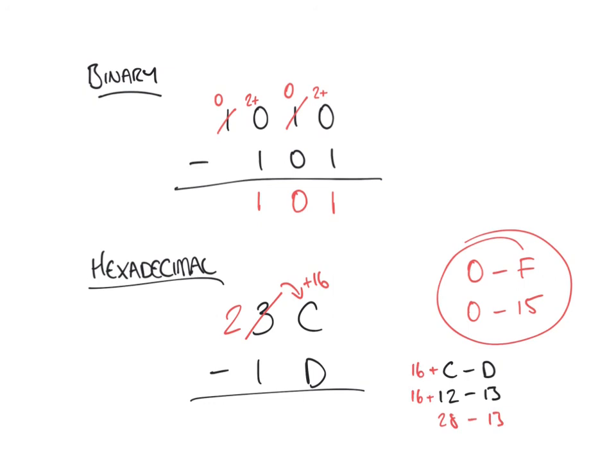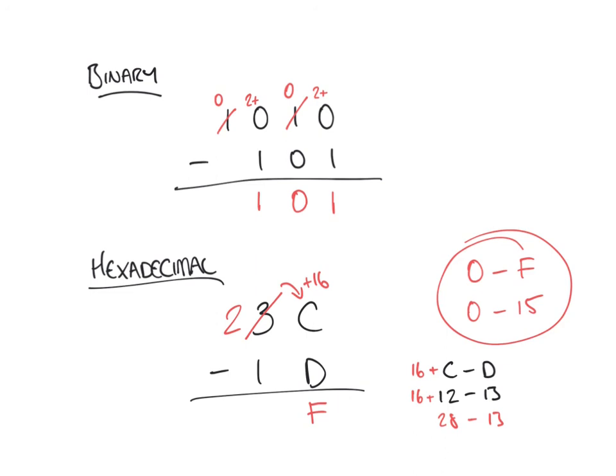And 15, remember, is a permissible digit in our hexadecimal number system. We're allowed 0 through to 15, and 15 actually corresponds with F. And so here we're saying 28 minus 13 gives us F as a hexadecimal result there. So we'll put that in below.